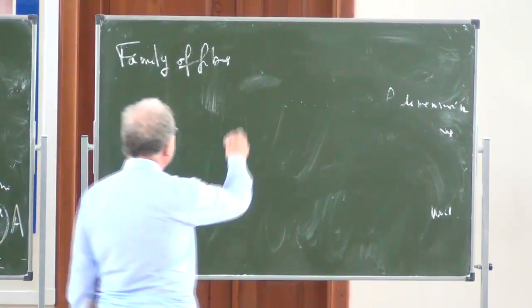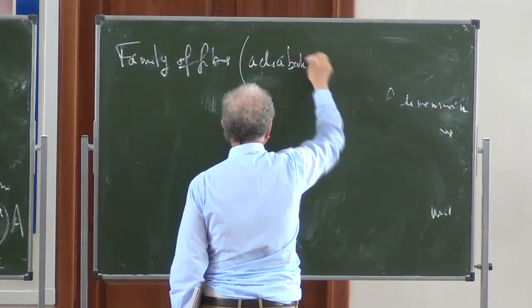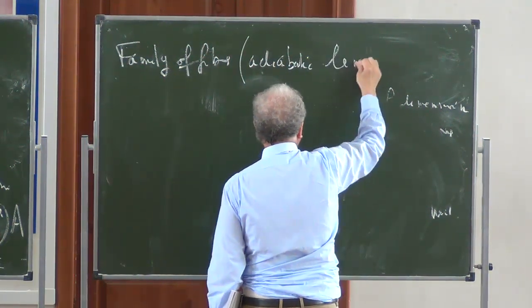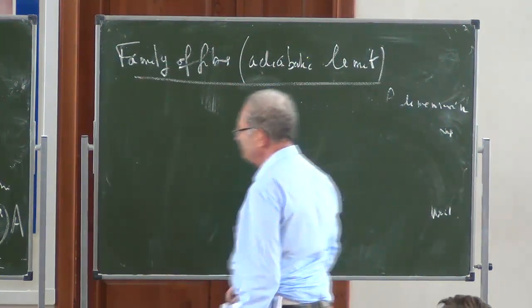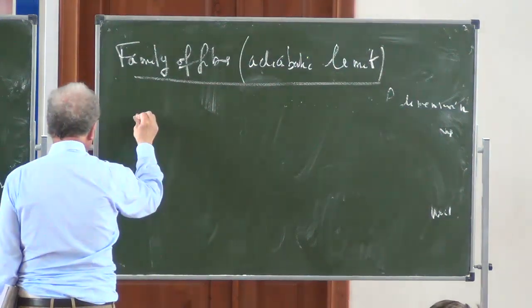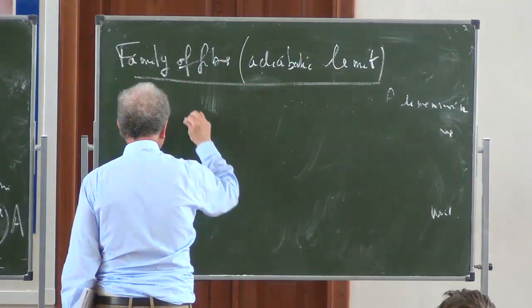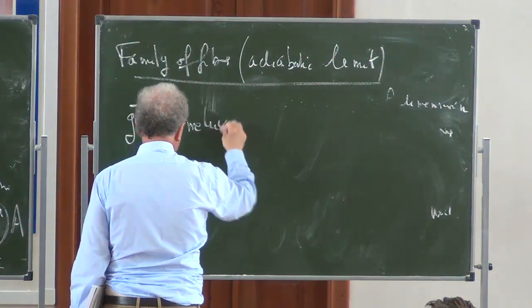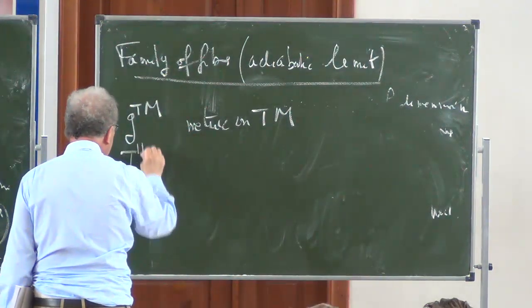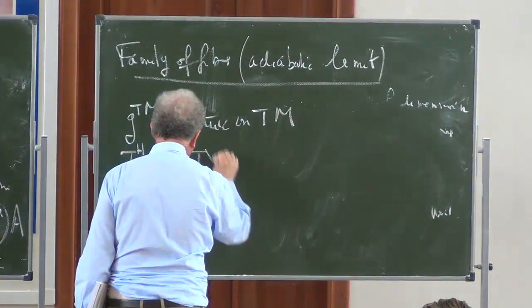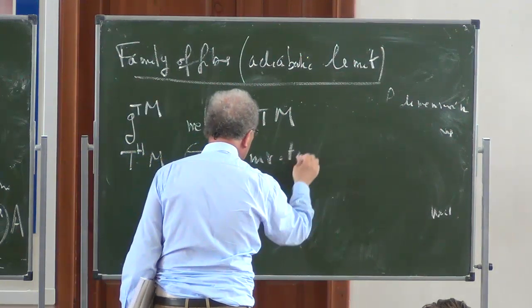This is called passing to the adiabatic limit. This is an idea which comes from physicists, the idea of the adiabatic limit. So let me explain what it is. You start from a metric g^TM, a metric on TM. Let me call T^H M the orthogonal to the fiber TX with respect to g^TM.